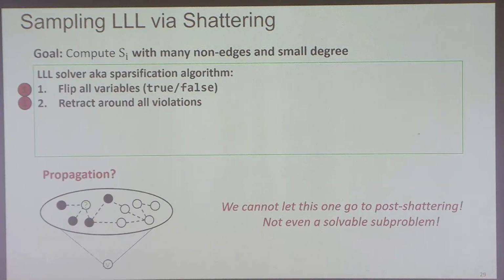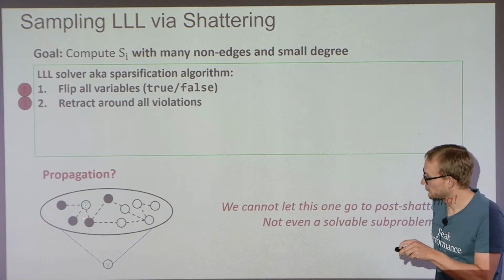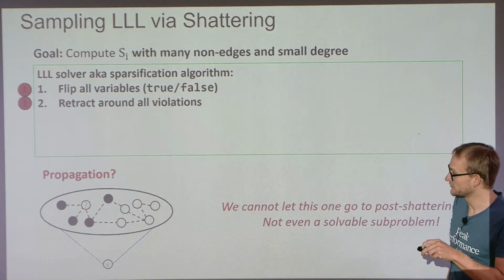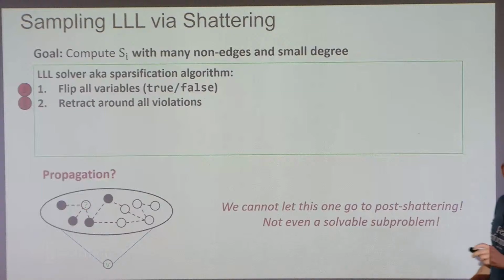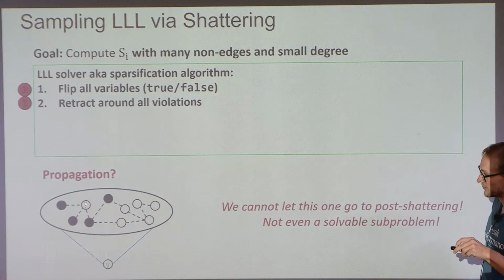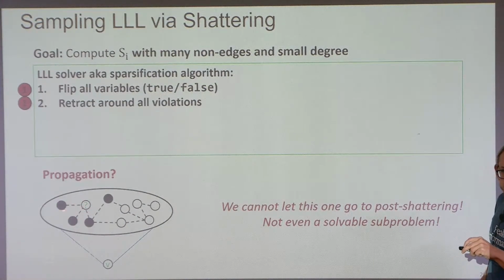And as said, such a retraction can propagate. Here we have a node that prior was happy, and now it saw a single retraction. This is a situation that we cannot just send to the post-shattering phase, because now, with the single retraction, the only way to make this node happy again is to include this node into the sample again. This is a very hard constraint.